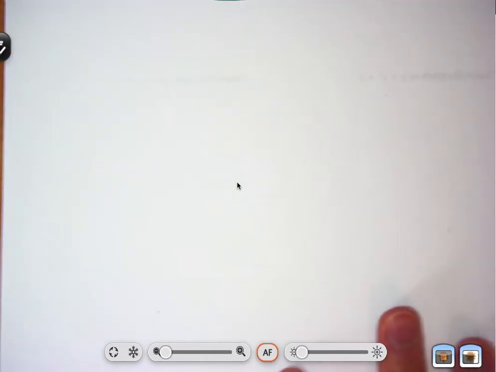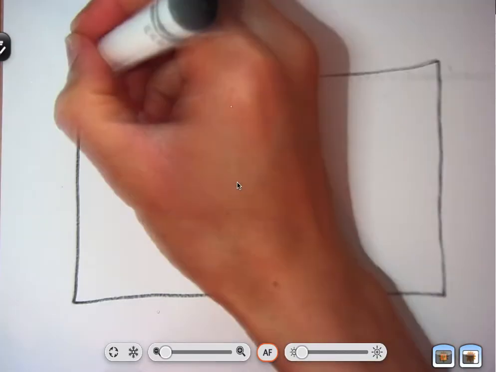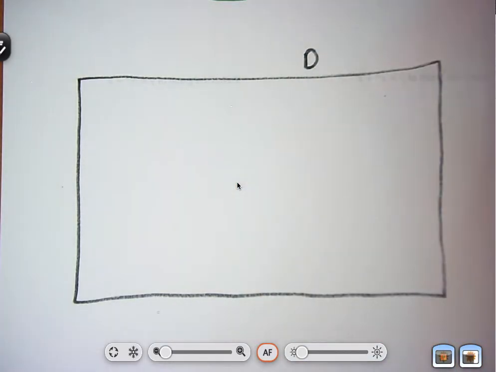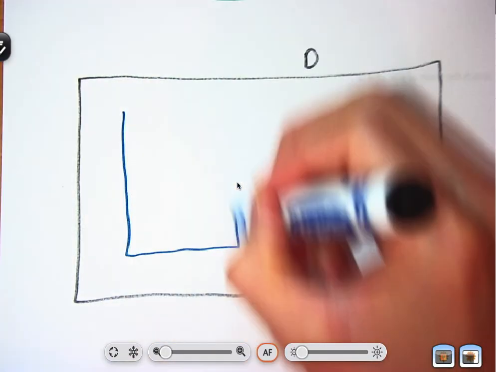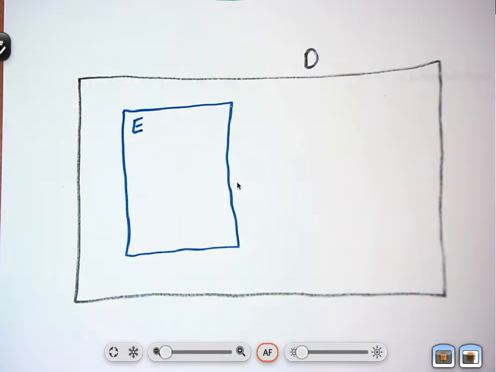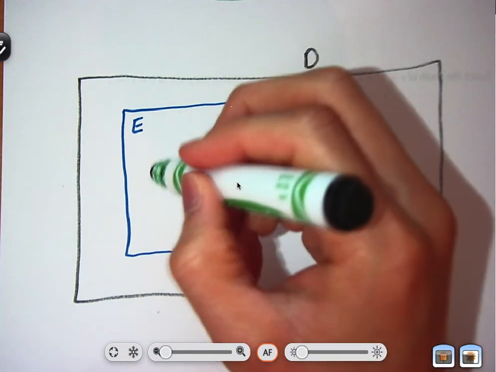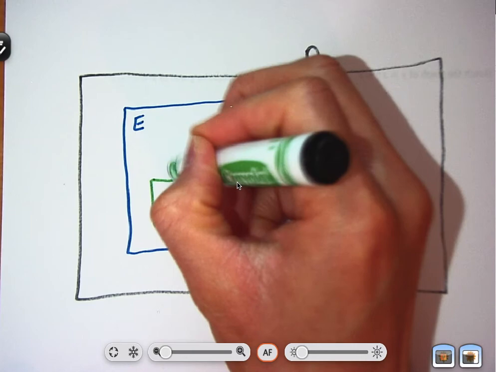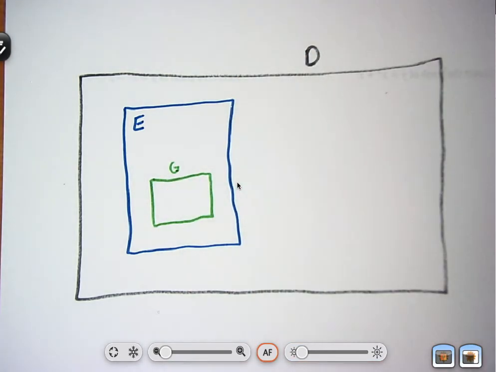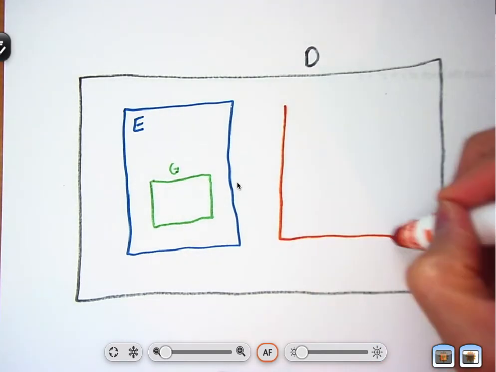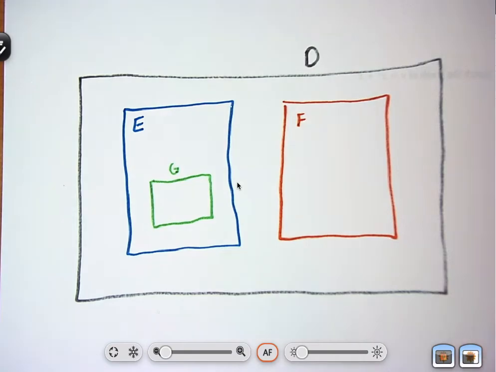You could have one giant category, we'll call this D. Inside D, there could be this category E, and since we're putting E inside of D, we're saying that everything that is E also falls in the category D. We can even have another one inside of that one, category G. And then we can have something over here, category F. We're saying there's no overlap between category F and E, but every F is also a D category thing.